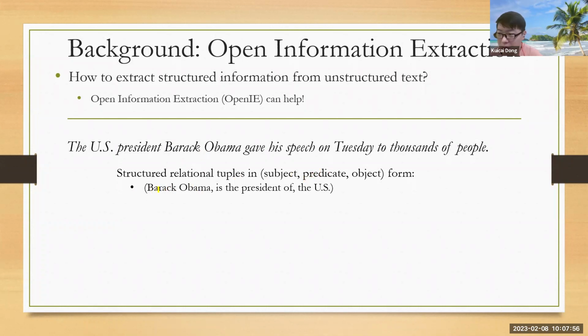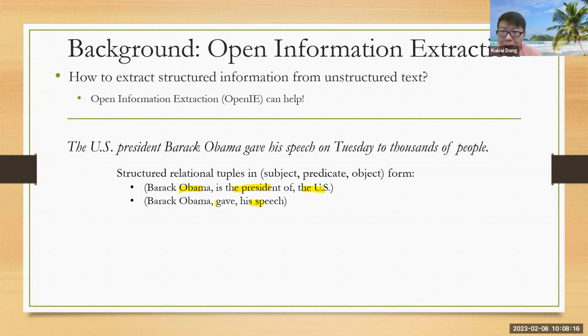The first tuple is Barack Obama is the president of US. We can see there are three parts in this tuple: Barack Obama, is president of, US. Then what did he do? He gave his speech. This is the second structured tuple.